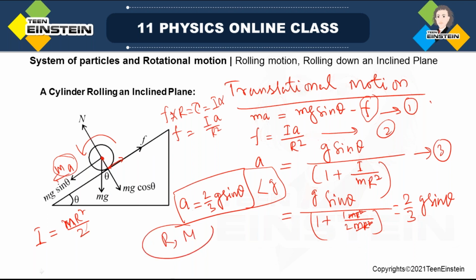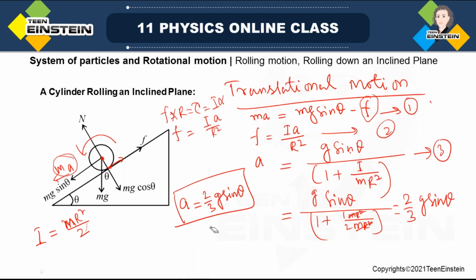It does not depend on mass and radius, but obviously it depends on the nature or shape of the object. So we have got the acceleration for a solid cylinder as 2 by 3 g sine theta.